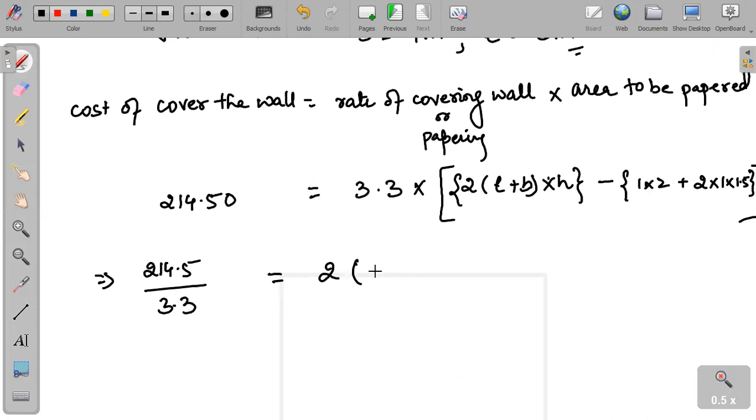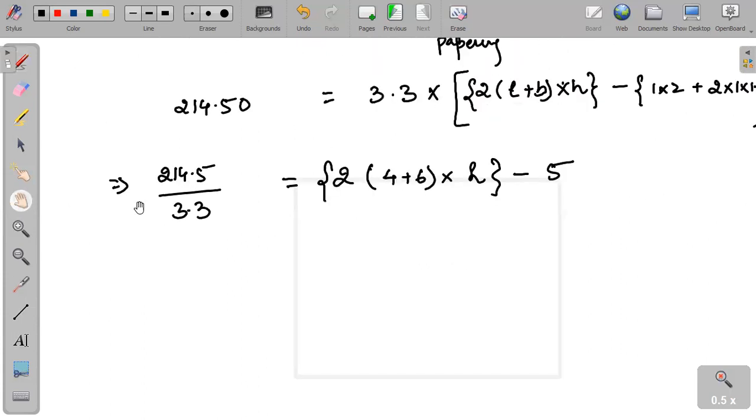So it will be 2 into 4 plus 6 into H. This H is not known and we have to find it out. Minus, this is 1 into 2, 2, and 2 into 1.5, that is 3. So it is going to be 2 plus 3, that is 5. We will cancel this, decimal will be cancelled.